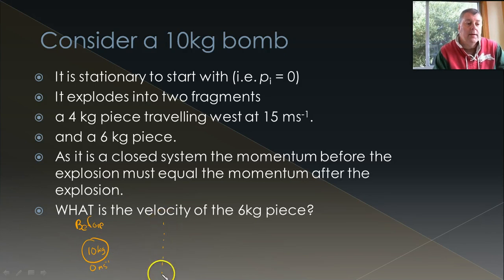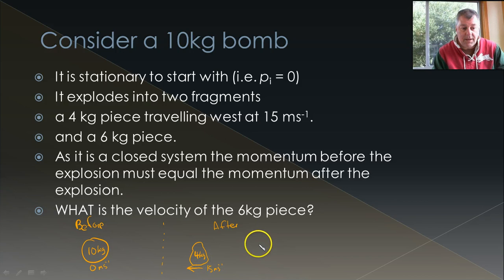And then our after, we have a fragment and it's weighing 4 kilograms and it's traveling west at 15 meters per second to the minus 1, and therefore we must have another fragment which is 6 kilograms, but we want to know what velocity it's going at. Now, we could probably guess it's going to be moving to the east, but we need to quantify that, so we need to calculate it.